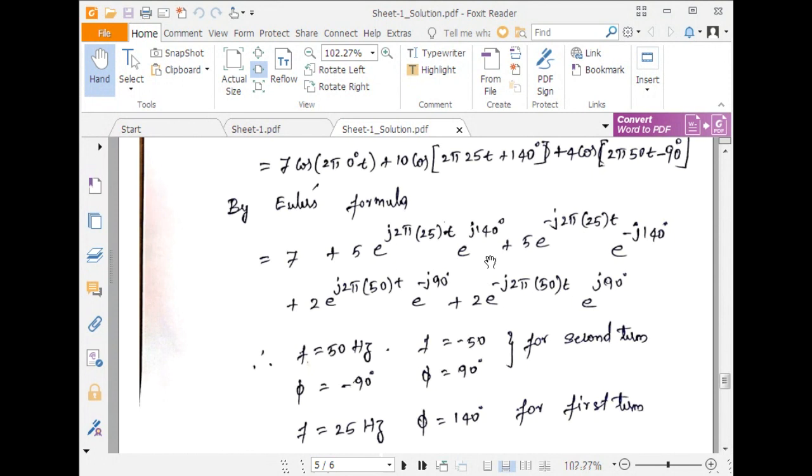Then e power j 2 pi 25t with e power j 140, and in the same way plus 5 e power minus j 2 pi 25t e power minus j 140. It is for magnitude, and it is for phase.